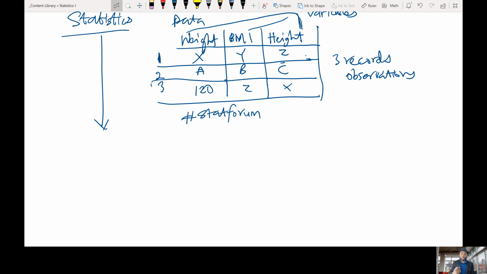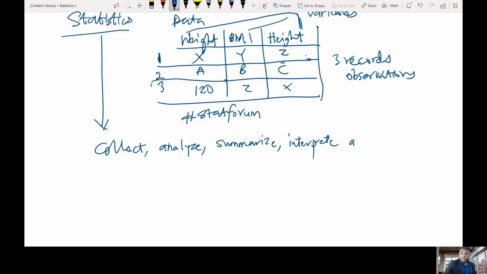Now, in statistics, one of the first things we have seen is that we collect data. So these are the components of statistics. We collect data. We analyze our data. We summarize our data. We interpret our data. And what do we do?